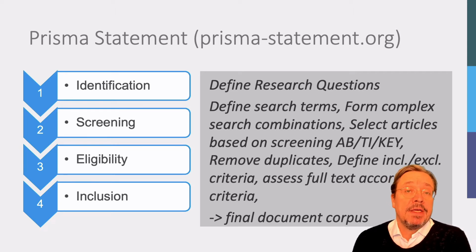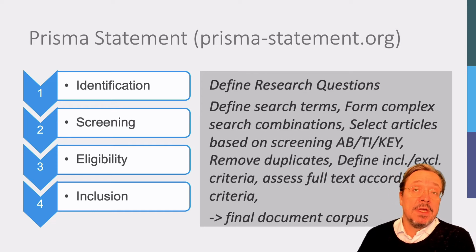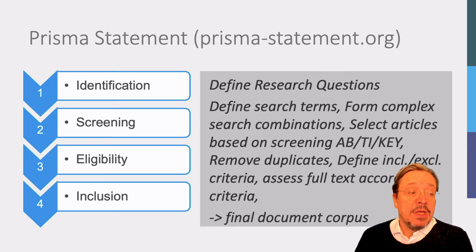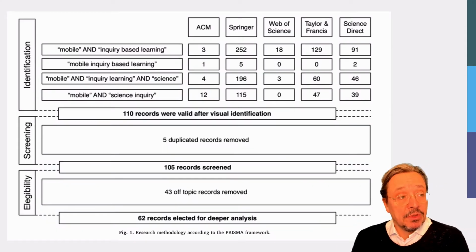First, identifying your focus, then screening different sites and databases, and screening the articles by analyzing titles, abstracts, and keywords, then defining a set of inclusion and exclusion criteria, and by analyzing the full text articles according to these criteria, this leads to a corpus of documents that you can then use in your analysis, report the results and analyze in depth.